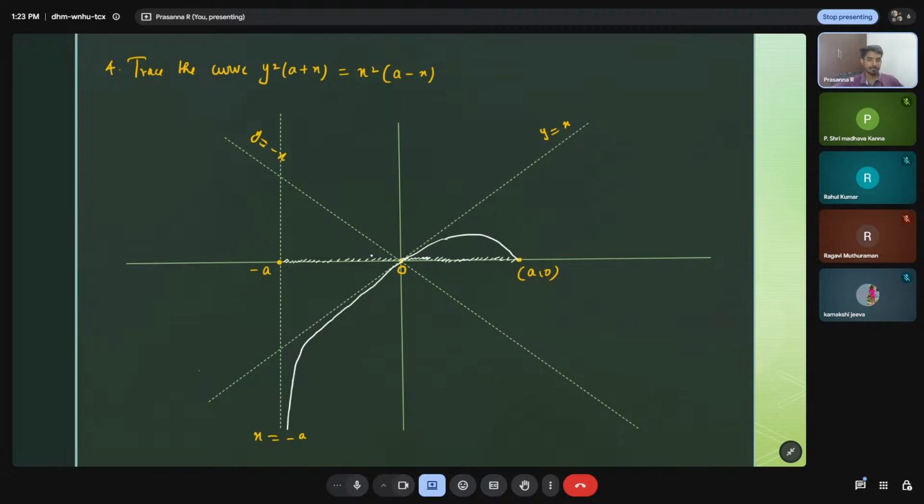Right? I'll redraw. It has to go like this.